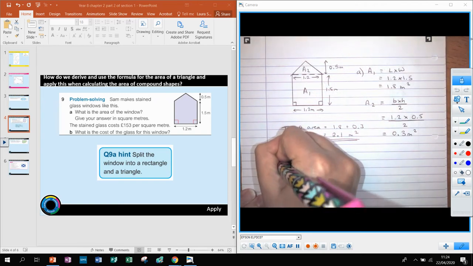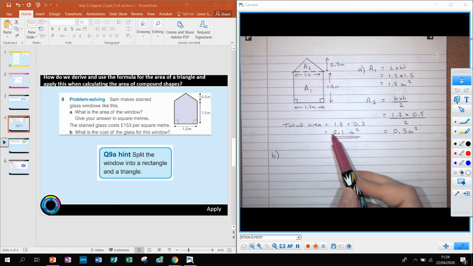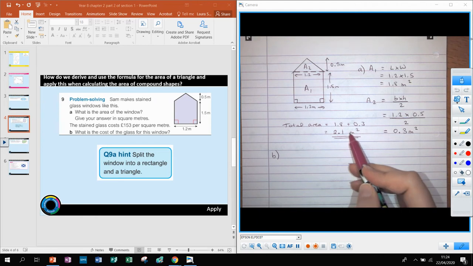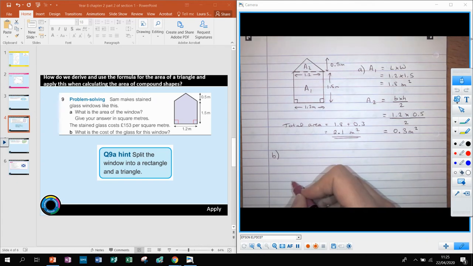There is a part B, okay, which says, what is the cost of the glass for this window, given that the stained glass costs £153 per square meter? Okay, well, we know that we have 2.1 square meters. So to find out the cost, we have to multiply that by the cost per meter.